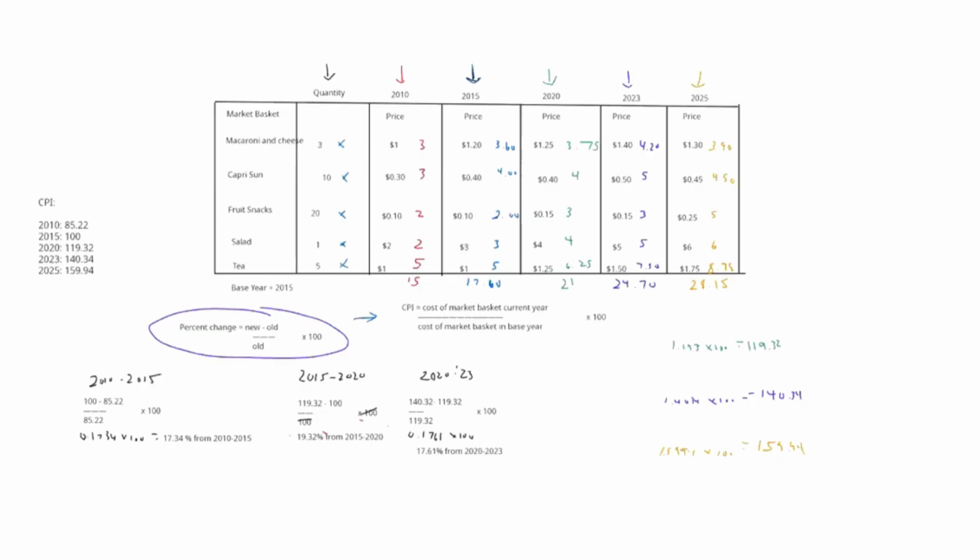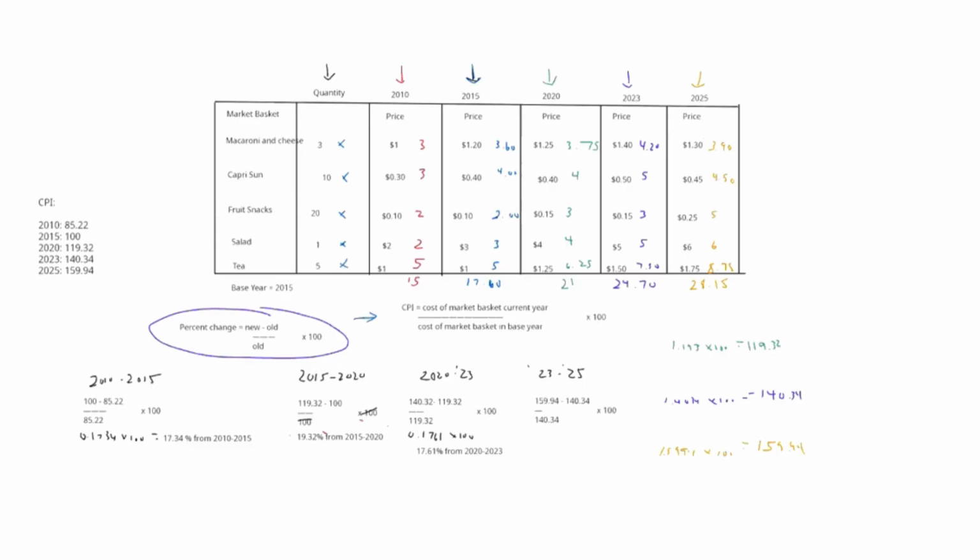And then lastly, we have 23 to 25, which is going to give us 159.94 minus 140.34 divided by 140.34 times 100.